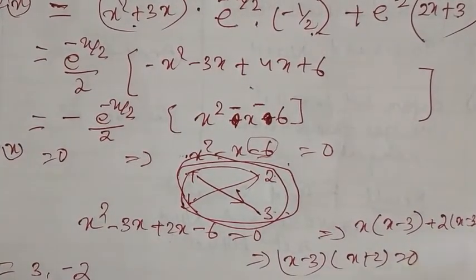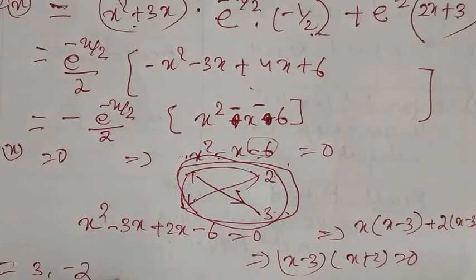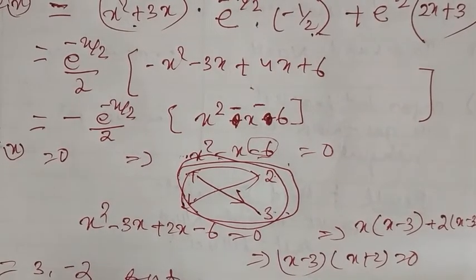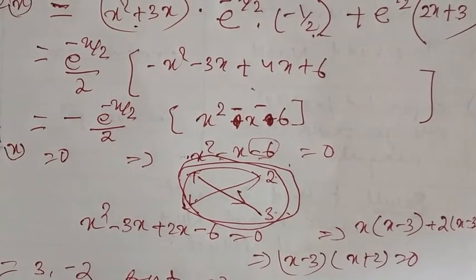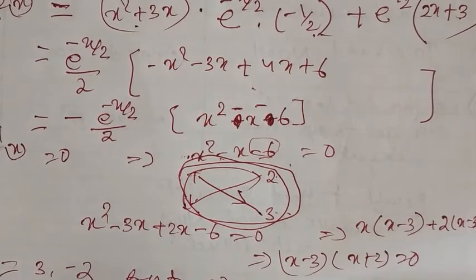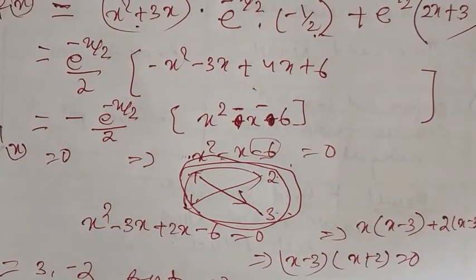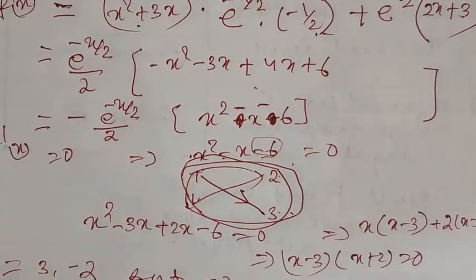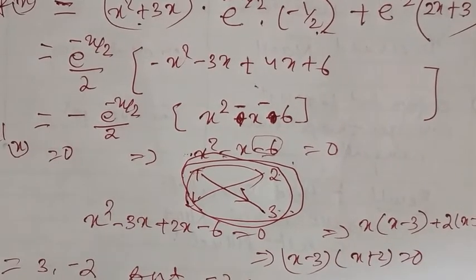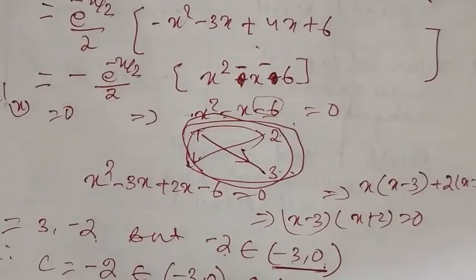So out of all these, minus 2 belongs to (-3, 0). My a was -3 and b was 0. Therefore c = -2, which belongs to (-3, 0), such that f'(c) = 0.